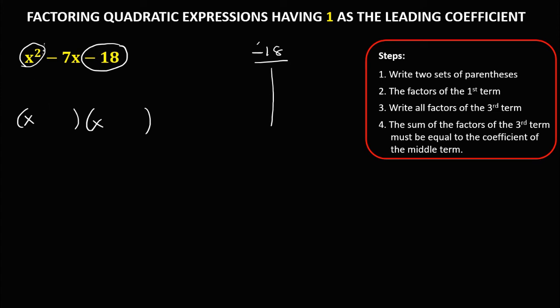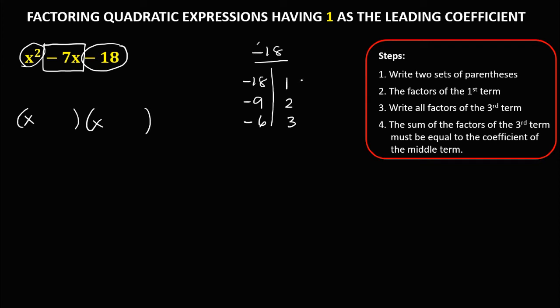But since the middle term is negative, the bigger number must be negative. So for the factors of negative 18, we have negative 18 times 1. Then we also have negative 9 times 2. Then negative 6 times 3.